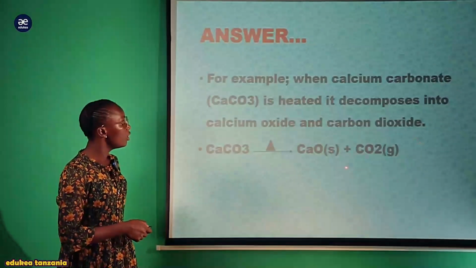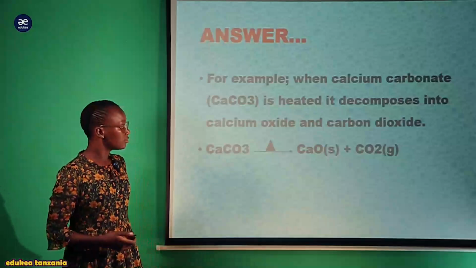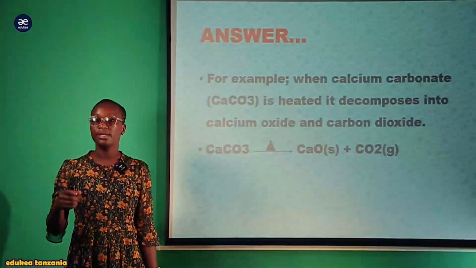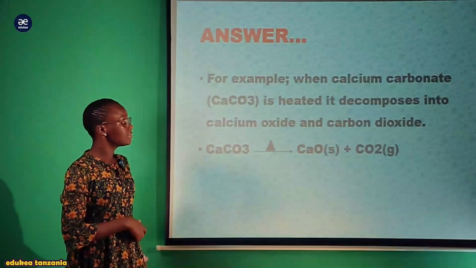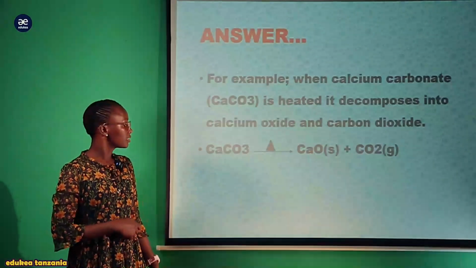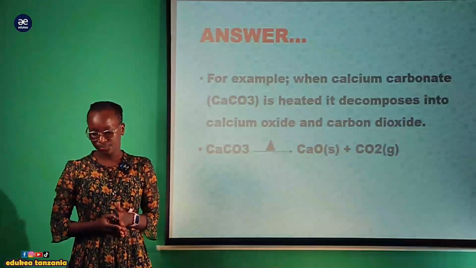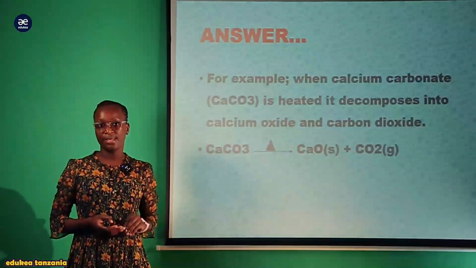Kwa hiyo oxygen huku zipo tatu na huku pia kwenye reactant side zipo same apply to the calcium, hapa ni moja, but also kwenye product reactant side ni moja. But also the carbon katika product side it's 1, lakini vile vile katika reactant side is 1. Therefore your equation imebalance. That is how student alitakiwa afanye.